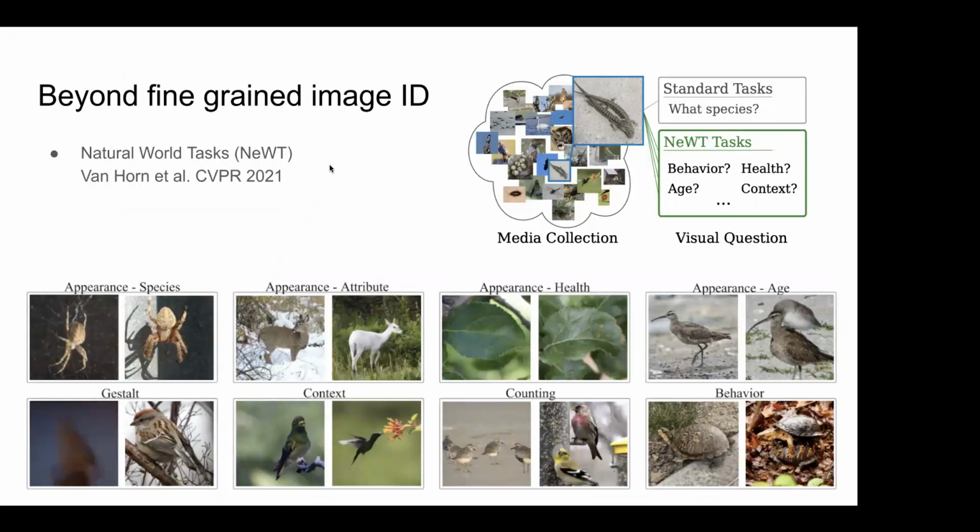So then there's the question of going beyond simple classification. So I've overwhelmingly focused on this question of what is in this image. So I present an image to the computer. It's a certain kind of wasp, and I want the computer to tell me the fine-grained category, the species, and so on.